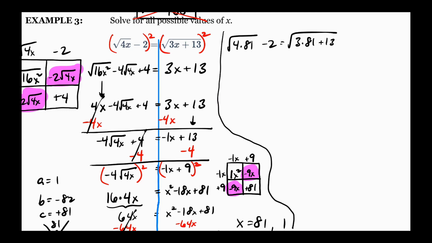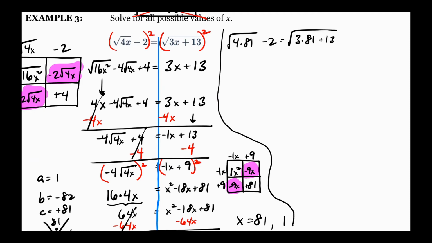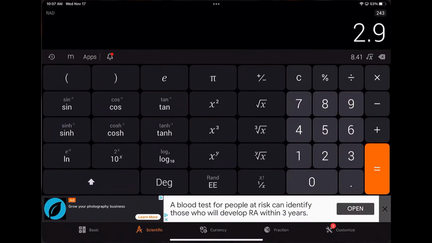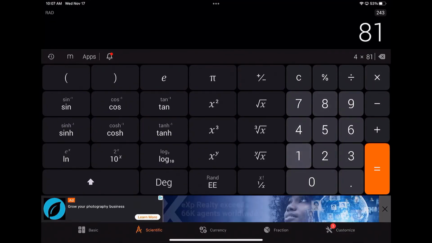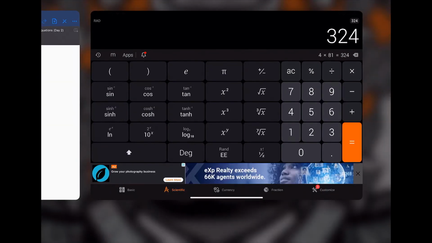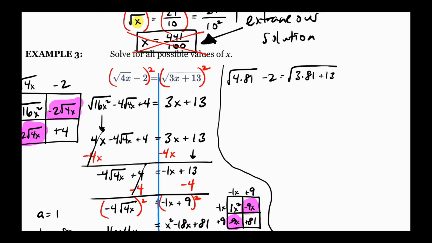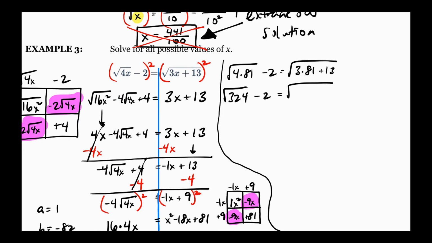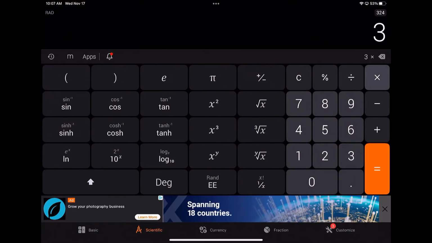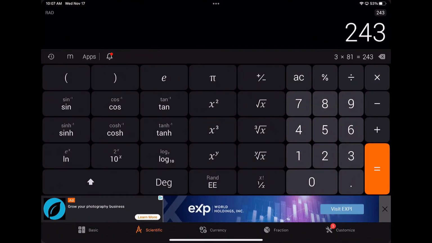So 4 times 81 is 324. 3 times 81 is 243.